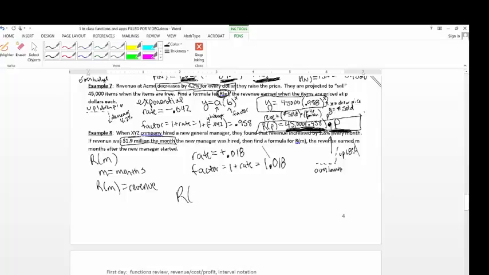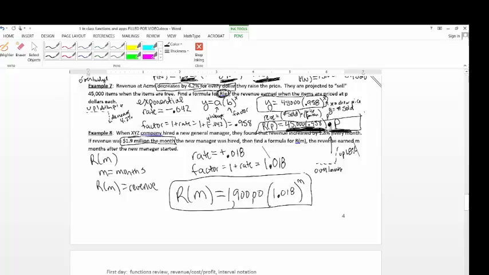So R of M is your initial revenue, 1,900,000 times 1.018 raised to the M power. Plug in a month. For example, if month is 0, you'll get your starting revenue. Plug in another month, it will be multiplied by 1.018, so it will increase 1.8%.